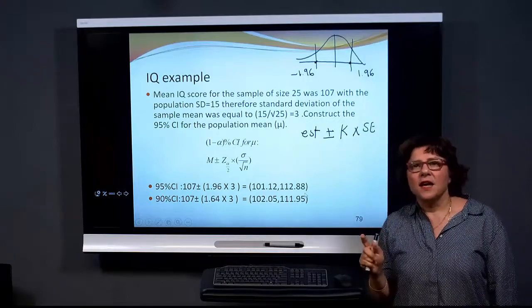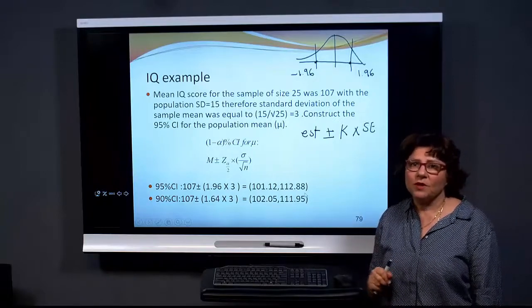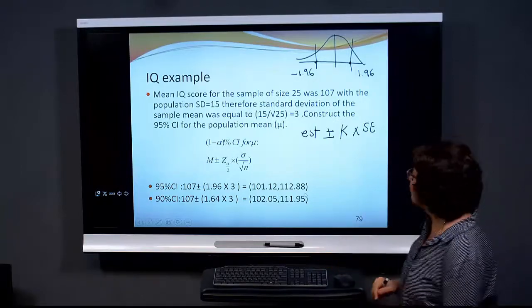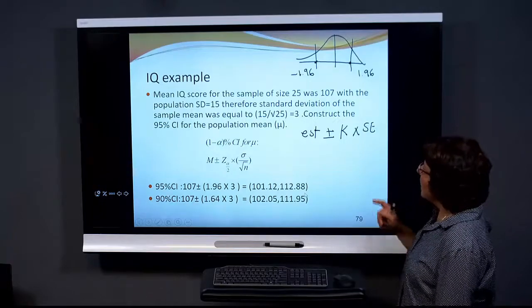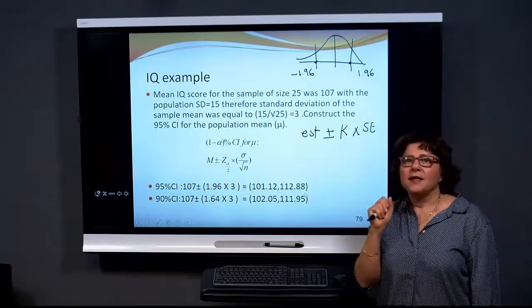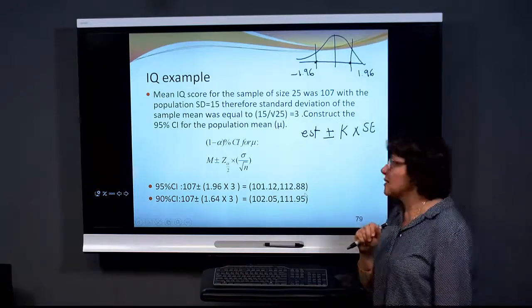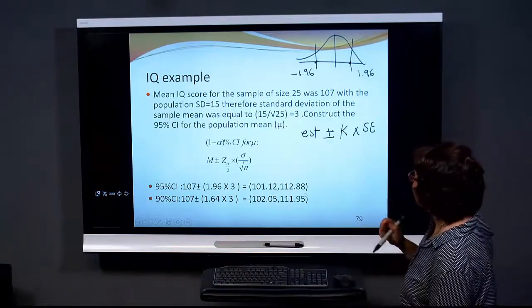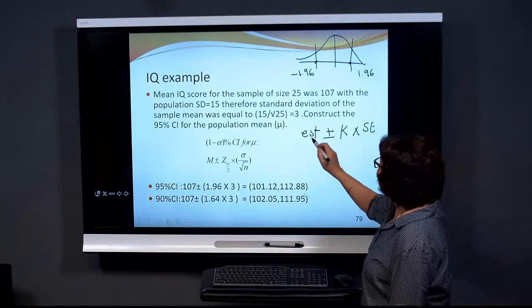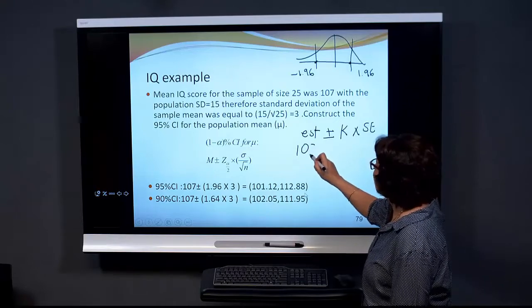It is the standard deviation of the means that we talked about a lot in the previous videos. So here we had a sample of size 25 and the mean of the IQ scores was 107. So the estimate for mu was 107, which is the X bar.